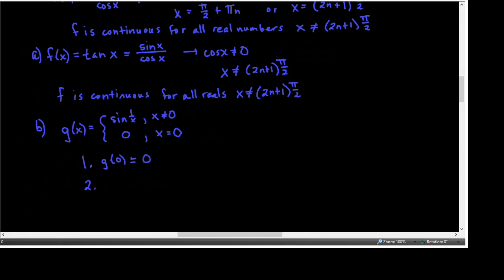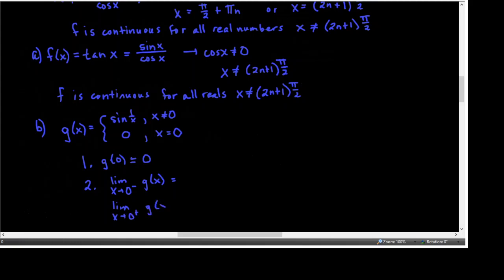Second, does the limit as x approaches 0 exist? And for that to be an existing thing, that means that the limit from the left side and the right side have to be the same thing. So we're going to explore both of these one-sided limits.